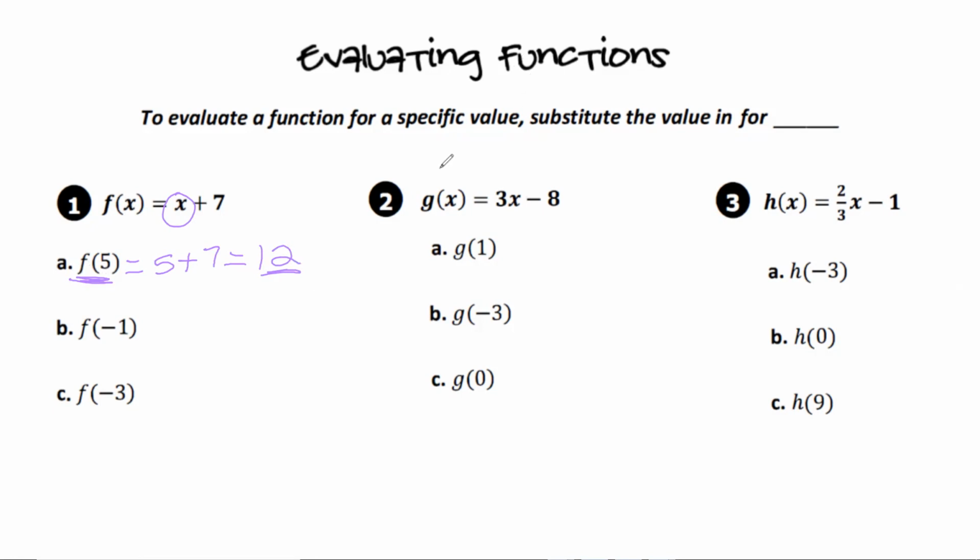On the next one, it's saying f of -1. So instead of this x, we're going to write -1 plus 7. And what's -1 plus 7? So f of -1 equals 6. Can you try C?